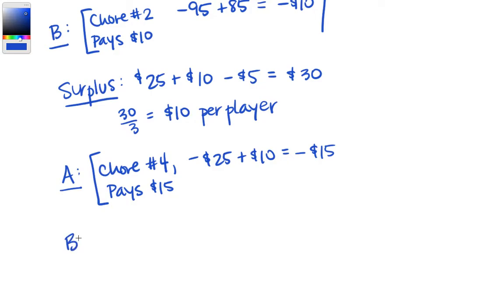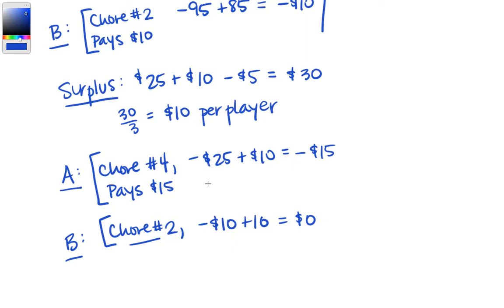And Brianna, she got chore number 2 and she had to pay $10, but then she gets $10 from the surplus, which is 0. So she just gets chore number 2.